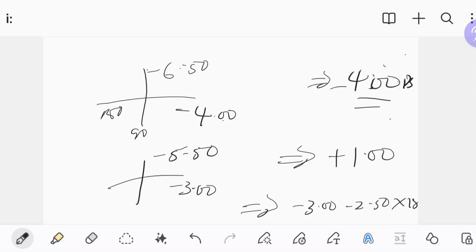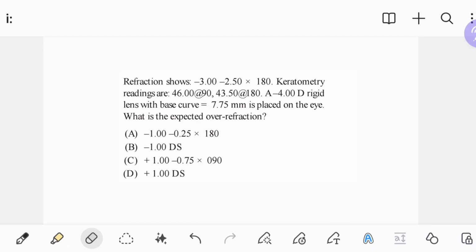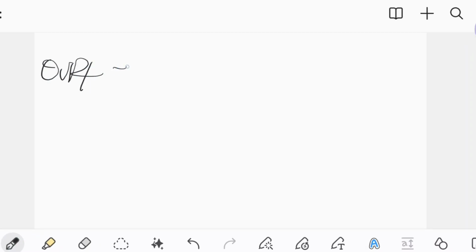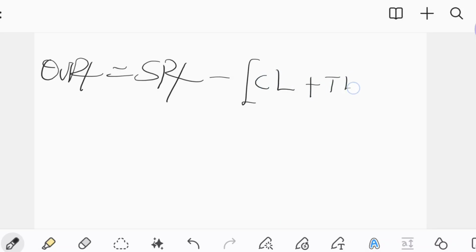So this is how you do your over-refraction. Expected over-refraction has to do with your K reading, your contact lens prescription, and your refraction prescription. The formula is over-refraction equals the prescription. You always take the spherical part minus, in brackets, your contact lens, and also you have to consider your tear lens.